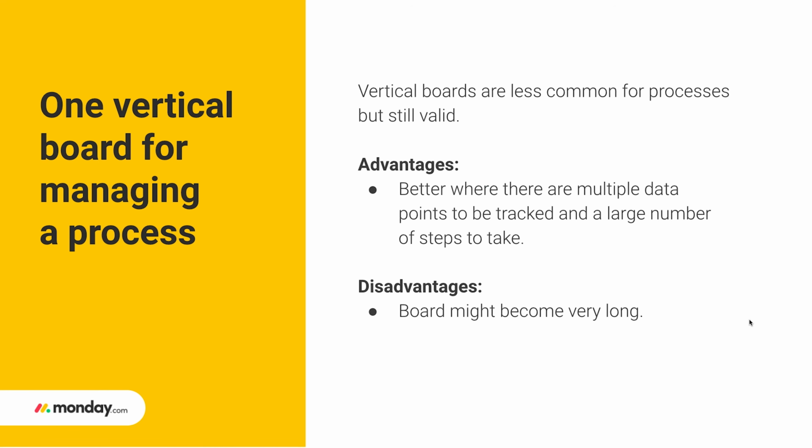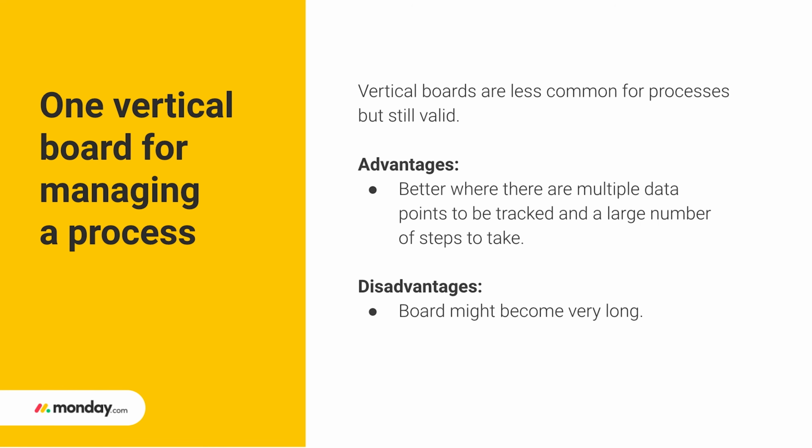So here we have one vertical board for managing a process. So the advantages of this is when there are multiple data points to be tracked and a large number of steps to take. So if you have a process, let's take employee onboarding, for example. I think this is a good example where a vertical board could be relevant.